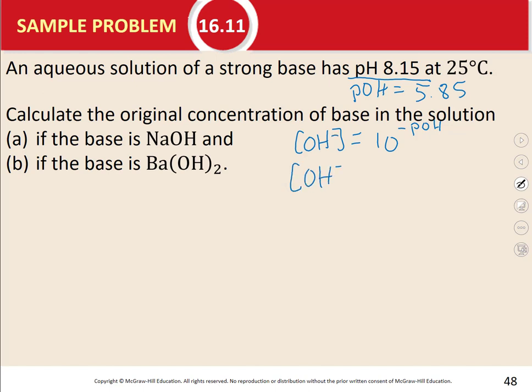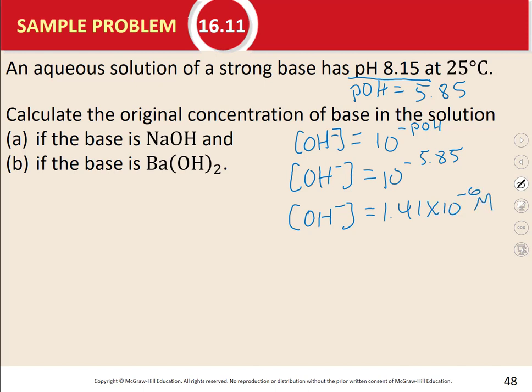Now we can find the hydroxide ion concentration. What do we get as the concentration of hydroxide there? Good. 1.41 times 10 to the negative 6 molar.